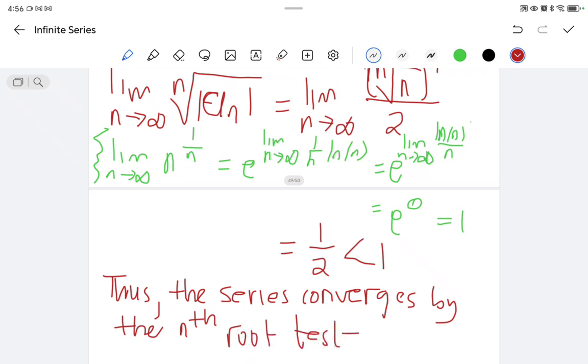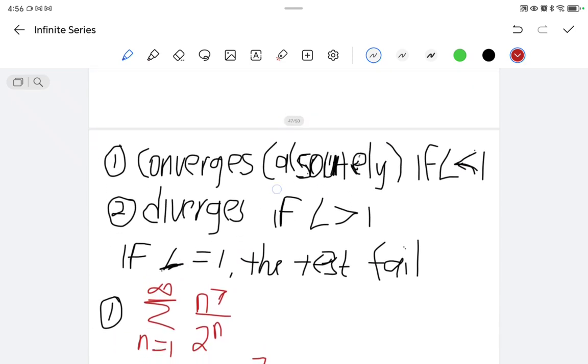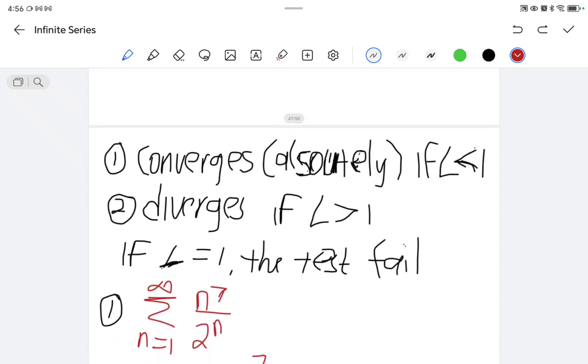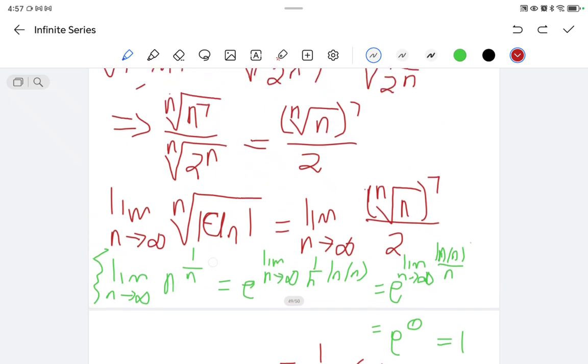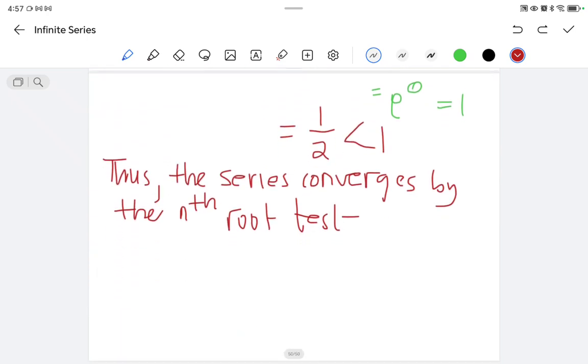It converges absolutely, since I've already shown those absolute values there. So you can just write that it converges. Any question on the root test?